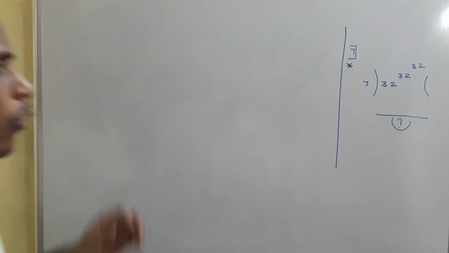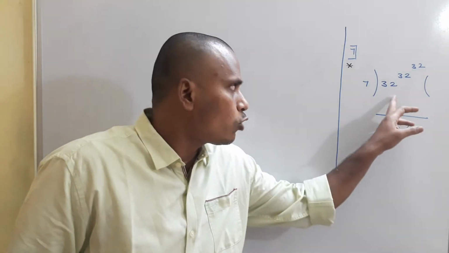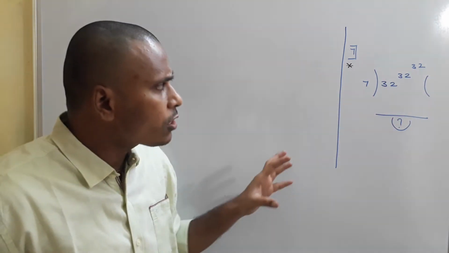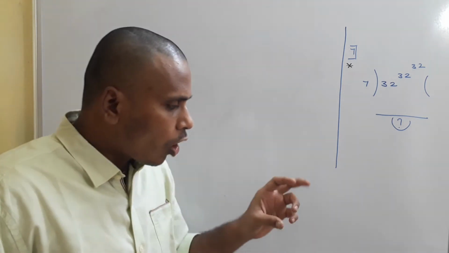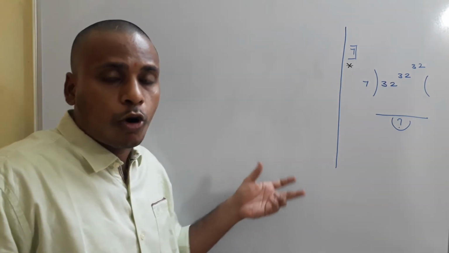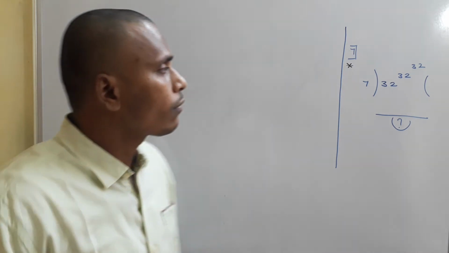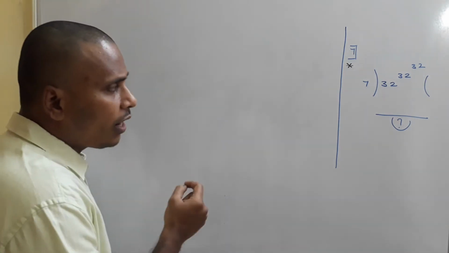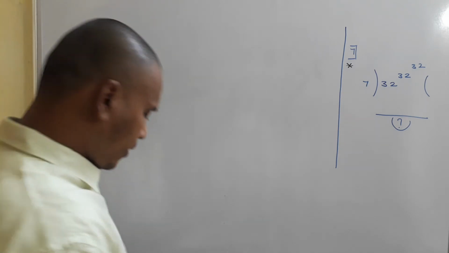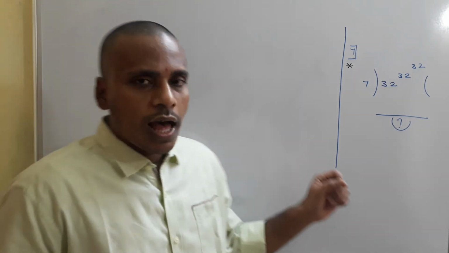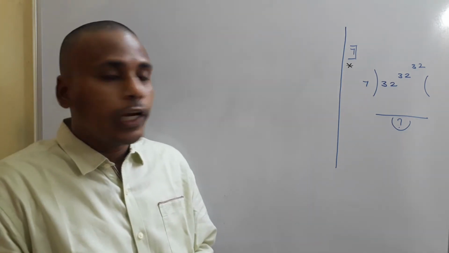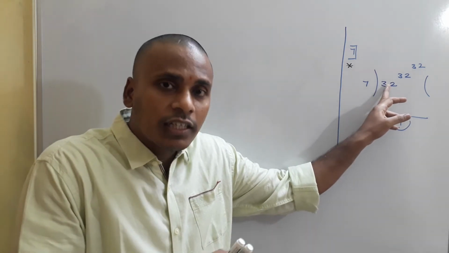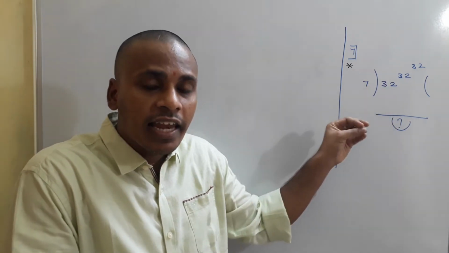Now we need to find the remainder when 32 power 32 power 32 is divided by 7. To solve this problem, the knowledge of previous problems like the fifth problem and sixth problem is very useful. As we discussed in the previous problems, we need to express this base 32 as a number nearer to 7.